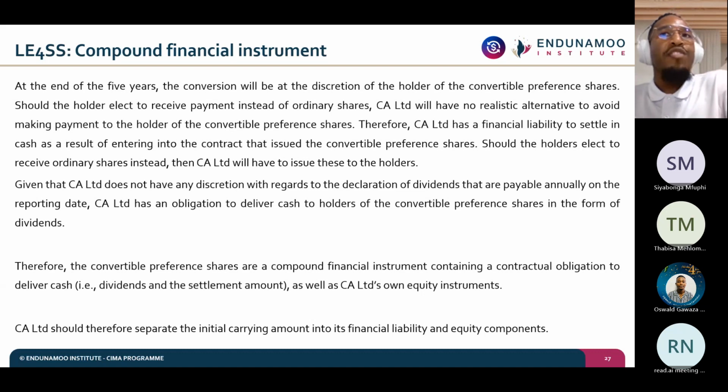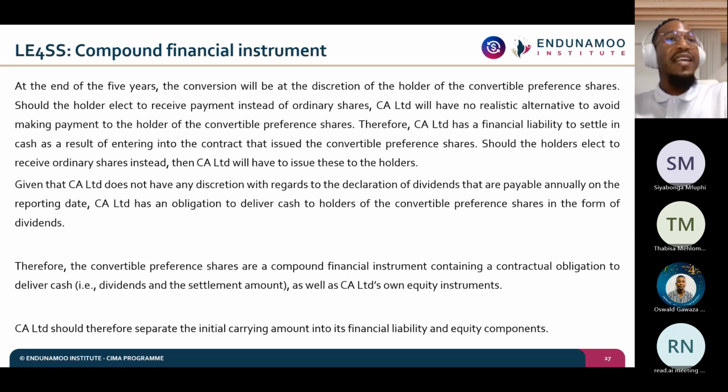They won't be able to avoid making payment. Therefore, CA Limited has a financial liability to settle in cash as a result of entering into the contract that issued the convertible preference shares. Should the holders elect to receive ordinary shares instead, then CA Limited will have to issue these to the holders.